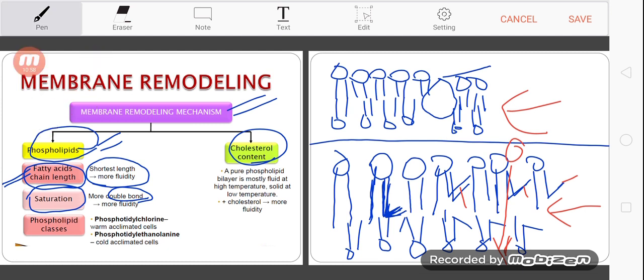Next, another composition of phospholipid that we can alter is the phospholipid classes.